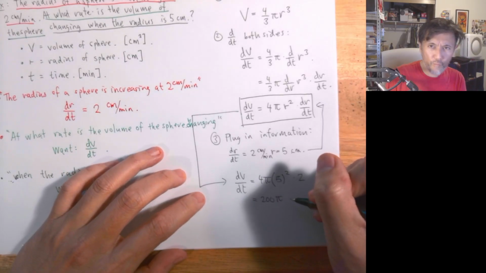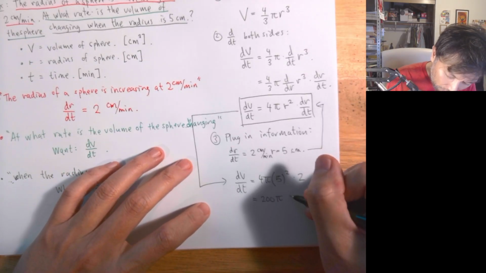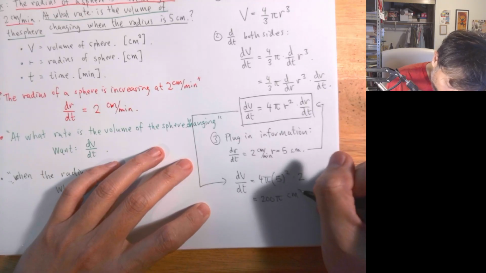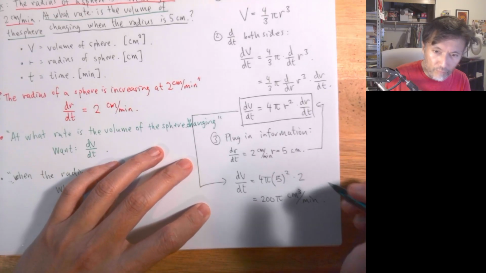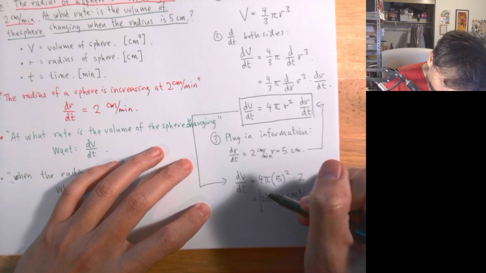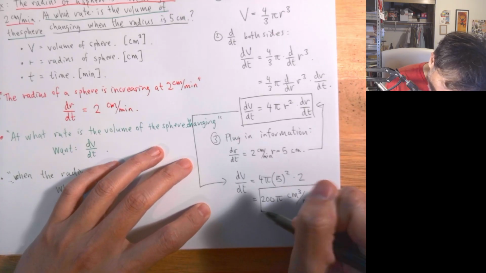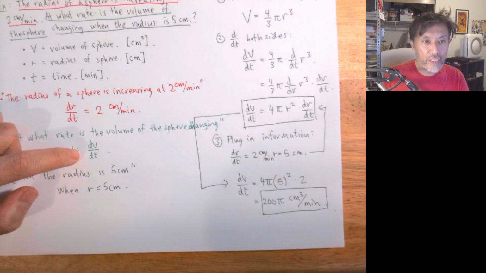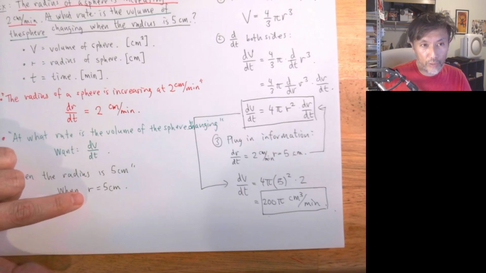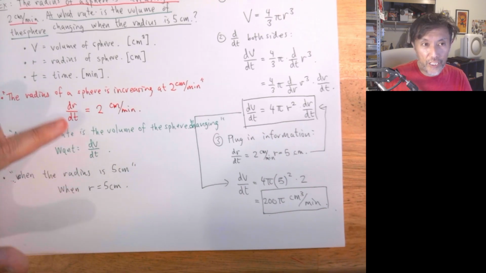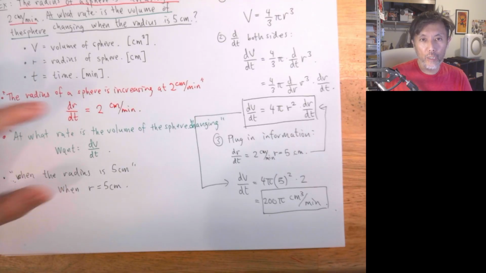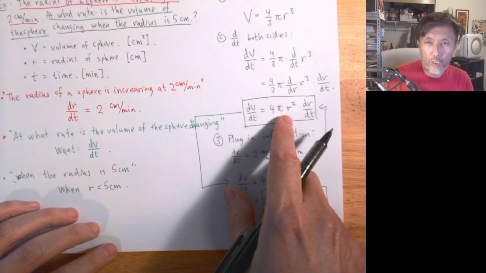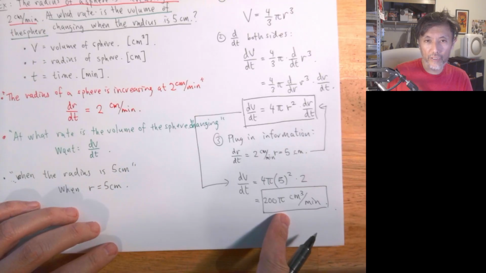So we get 200 pi centimeters cubed per minute. That's the answer. What did we want? We wanted dV/dt. When did we want it? When r was 5 centimeters. How is r changing? At 2 centimeters per minute. We took all of that information together with the related rates equation to come up with this number.